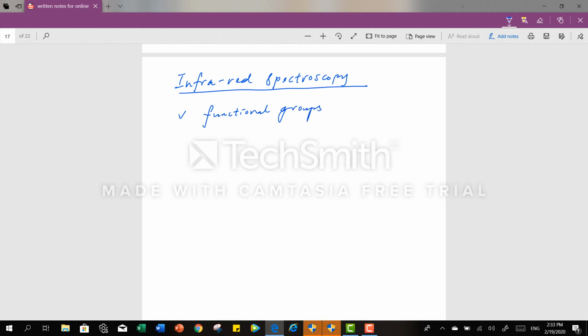So the working principle is that we use a part of the EM wave to radiate into the organic molecules, and this part of the EM wave is infrared. Okay, infrared. If you study physics, you know what it is.